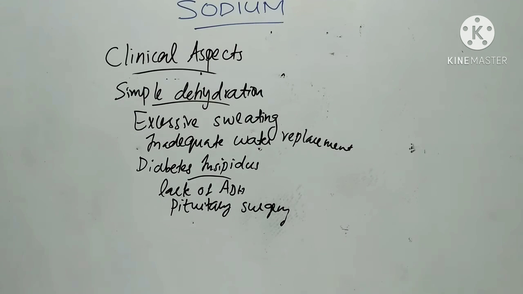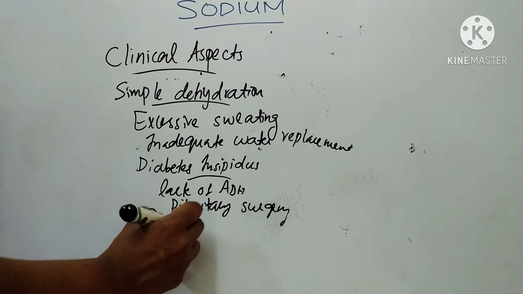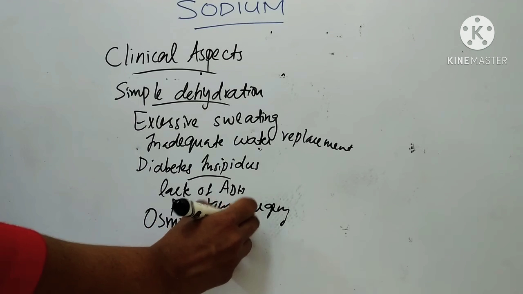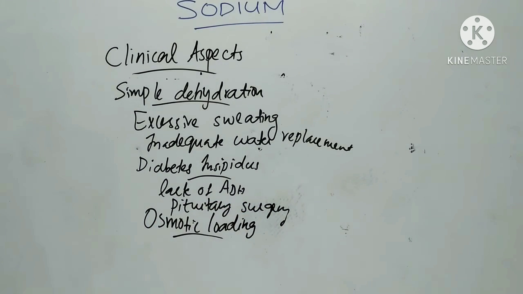Next one is osmotic loading. If the kidney excretes large quantities of very soluble substances such as glucose, urea, amino acids, then the osmotic effect of these substances on the urine causes co-excretion of large amounts of water.